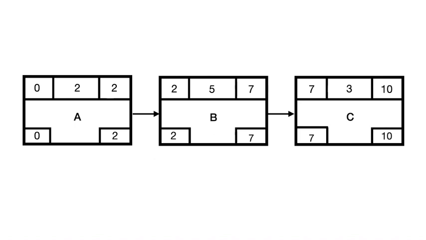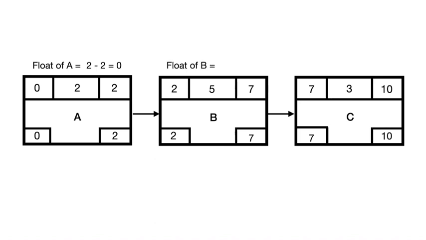Let's calculate the float of each of these activities, starting with activity A. So the float of activity A would be the late finish of A minus the early finish of A. The late finish of A is 2 and the early finish of A is 2. And hence the float of this activity would be 0.